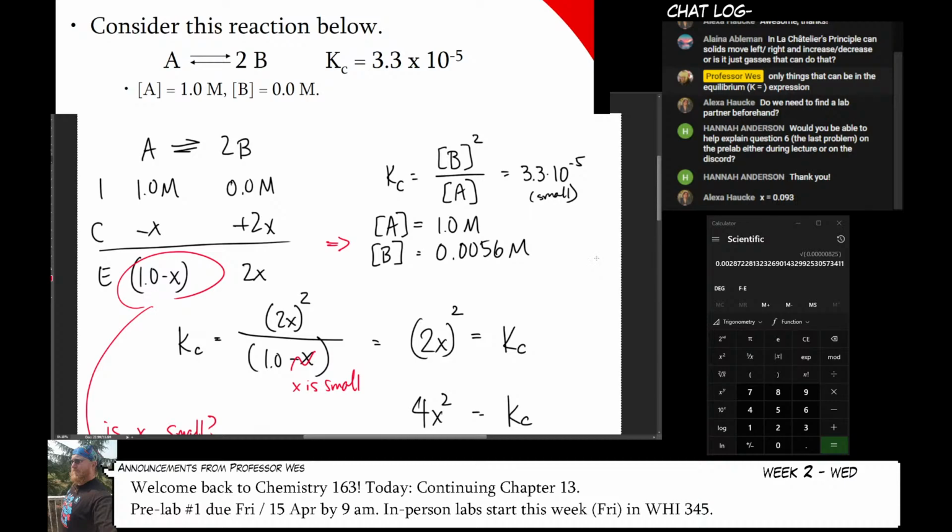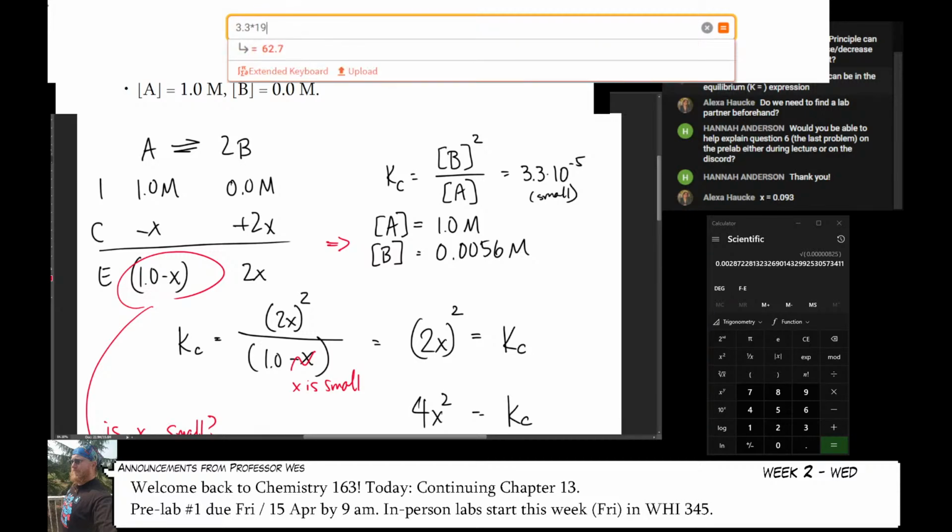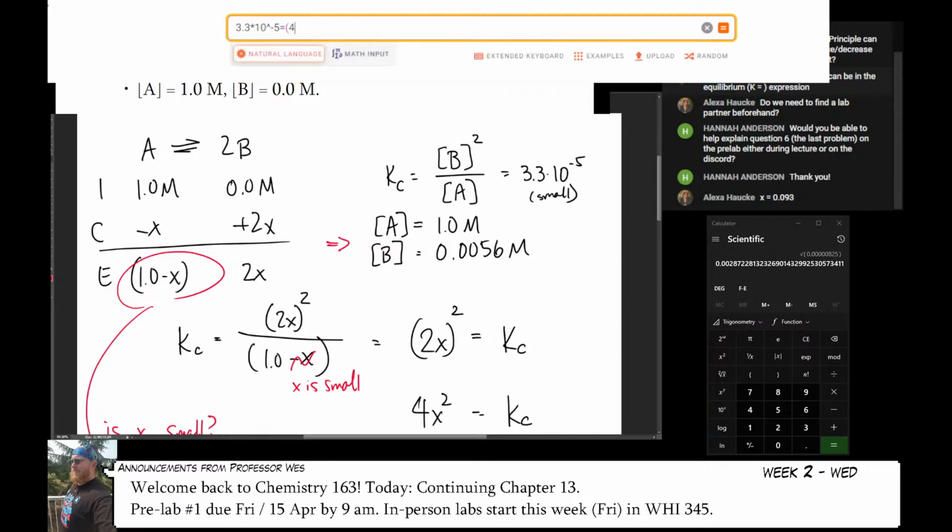Now to check our work, let's show that this was valid by typing all of this into Wolfram Alpha, which again I need to put on the screen. So that would be Kc, which is 3.3 times 10 to the minus 5, equals 4x squared divided by 1 minus x.